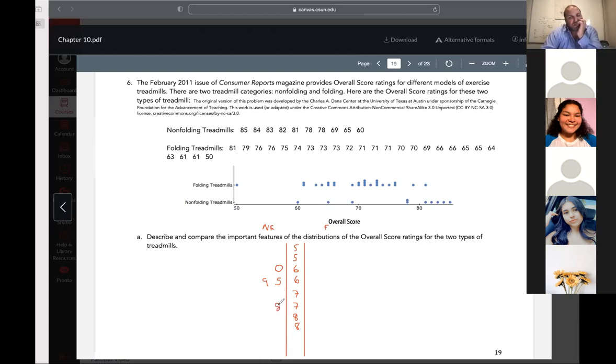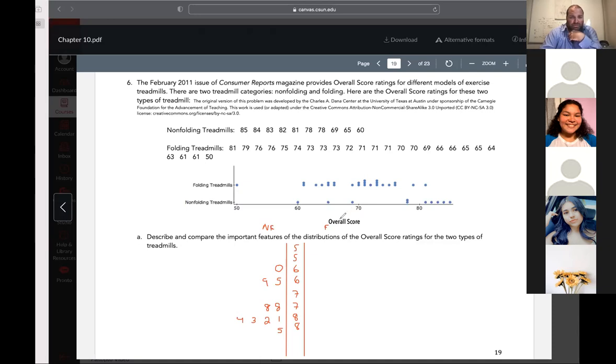Okay, what's next? Another 8 on the second 7. Okay, what's next? A 1 on the first 8. Next, a 2 on the first 8. Next, a 3 on the first 8. Next, a 4 on the first 8. Next, and then a 5 on the second 8. Okay, so that takes care of the non-folding side.